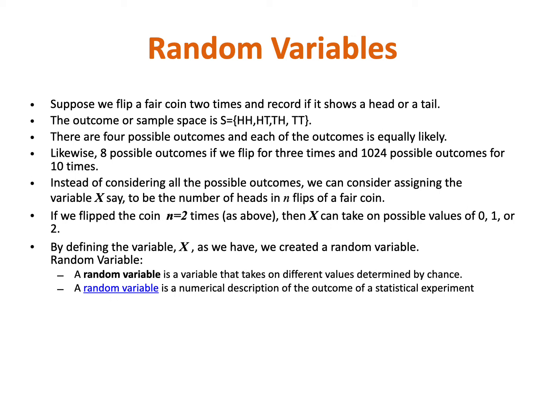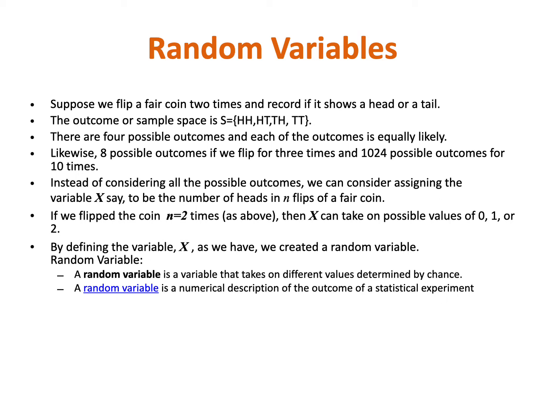So we can see here, if we flip a coin n equal to 2 times as above, then X can take the possible values of 0, 1 or 2, meaning the number of heads can take the value of 0, 1 or 2.